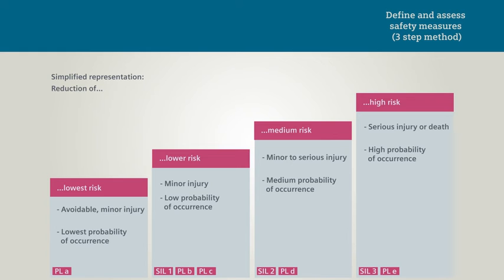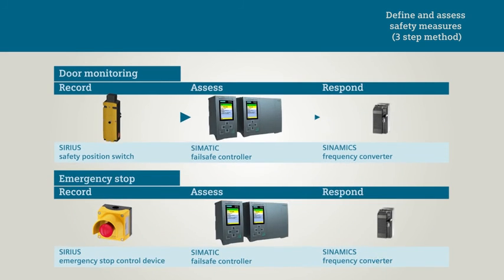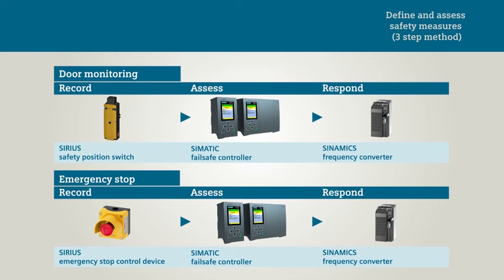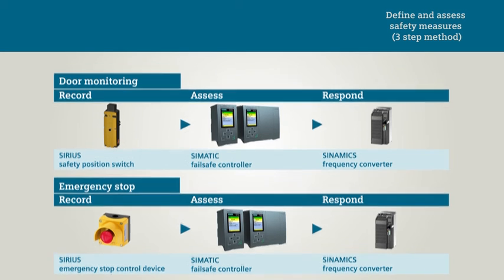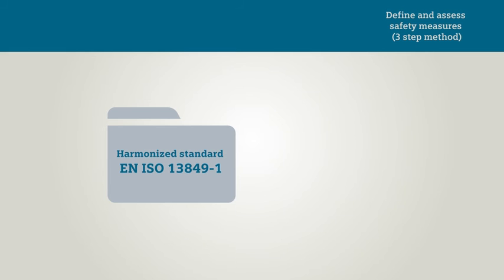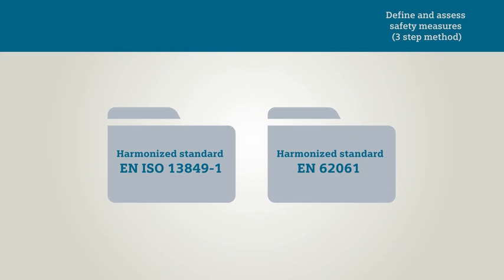Now, based on the requirements of the standard used, select the appropriate components for your safety function. Siemens offers you numerous components with which you can simply and quickly achieve the status of a safe and productive machine. The inspection of the safety function is prescribed by the standards EN ISO 13849-1 and EN 62061.